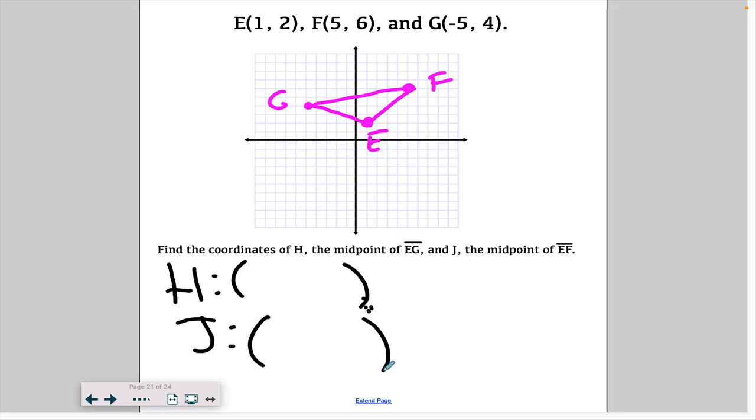You have to actually show these things. In fact, a lot of you didn't even write down the coordinates of the midpoint. Good luck.